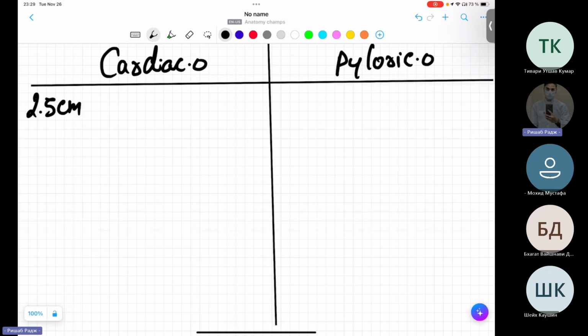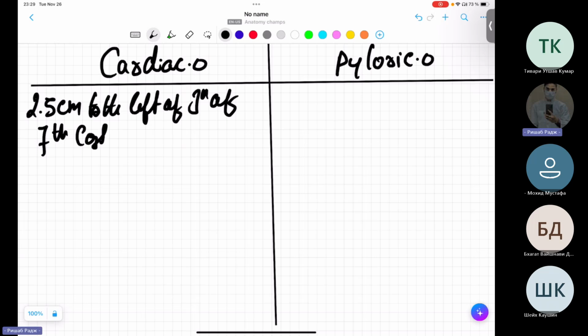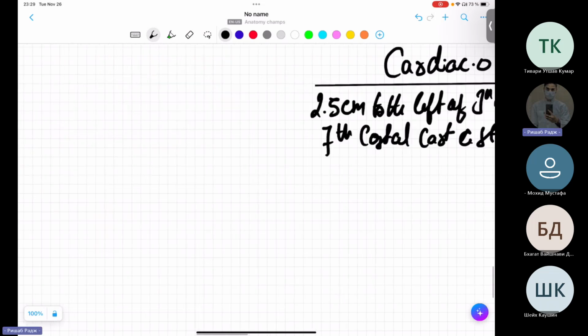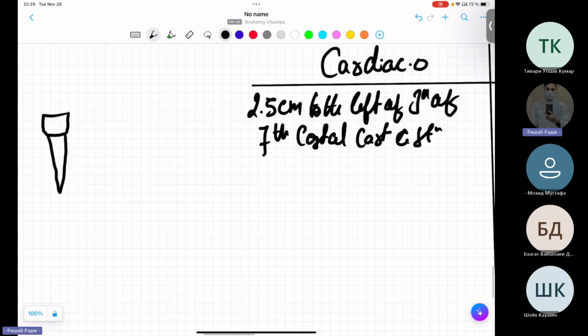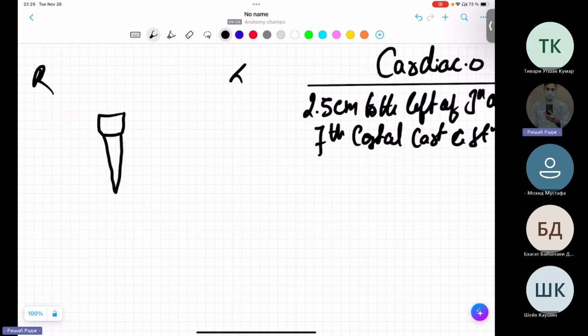2.5 centimeter to the left of the junction of the seventh costal cartilage and sternum. What do I mean by this? Suppose this is your sternum, and this is your left side, this is your right side.